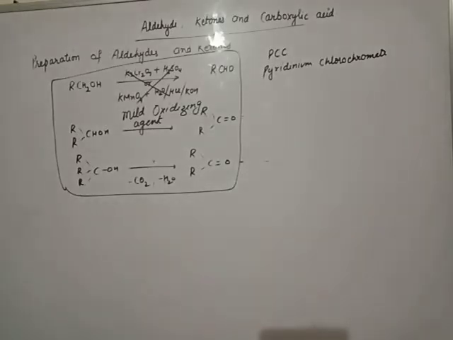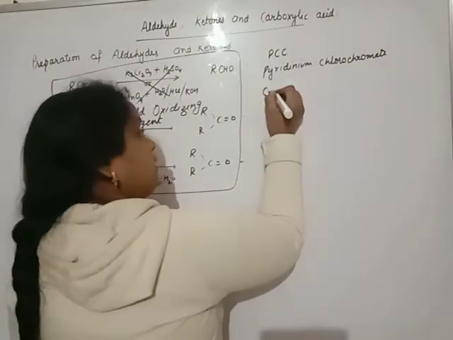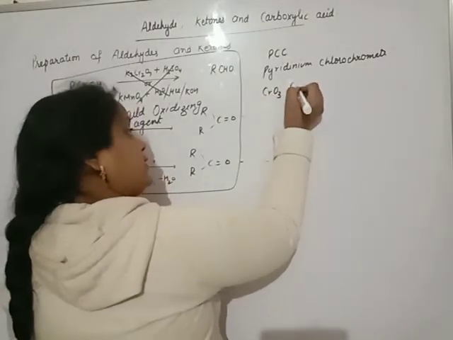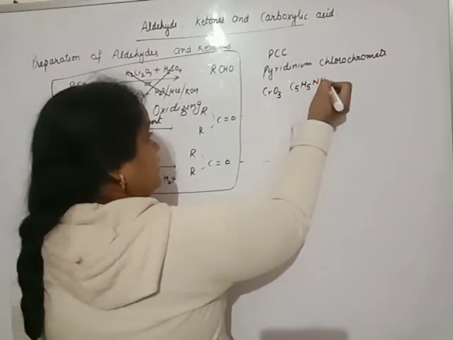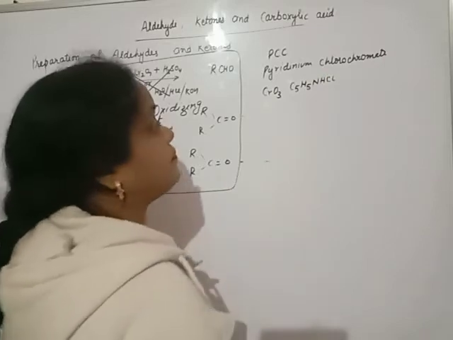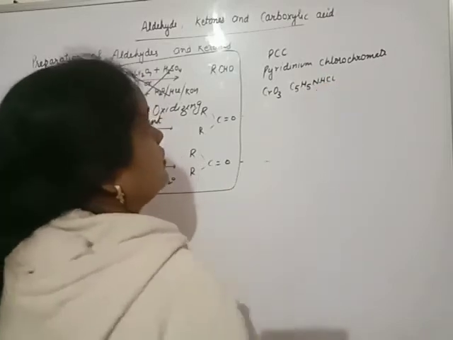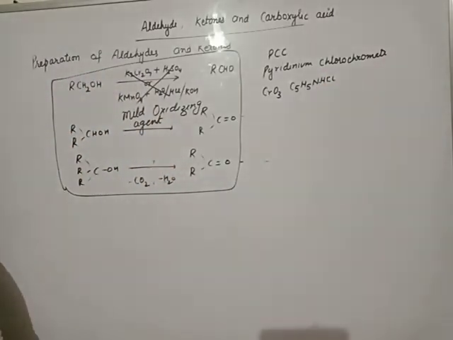These mild oxidizing agents are PCC, PDC, DIBAL, Collins reagent, etc. Formula: CrO3 C5H5NHCl. This is pyridinium chlorochromate.